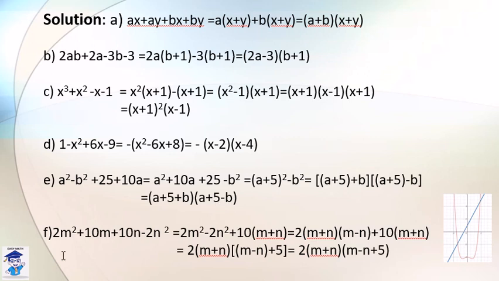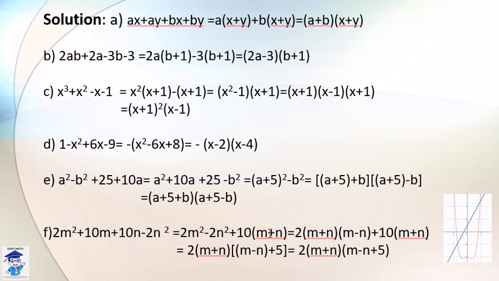And last question, F, 2m squared plus 10m minus 10n minus 2n squared. So it's grouping like that: 2m squared minus 2n squared plus 10m minus 10n. So the first 2 we can make is 2 times m plus n times m minus n.